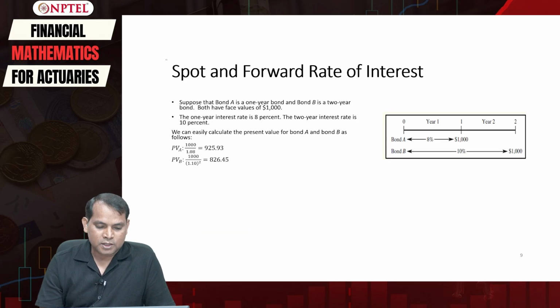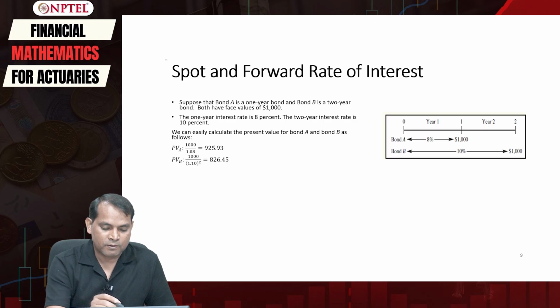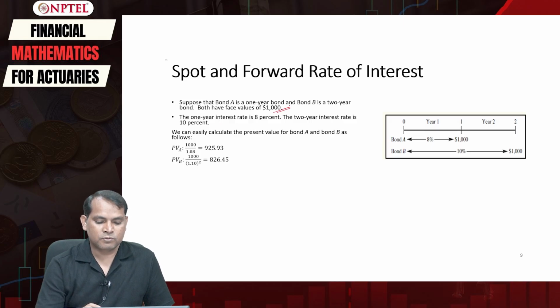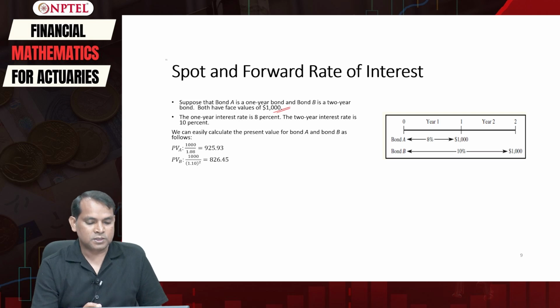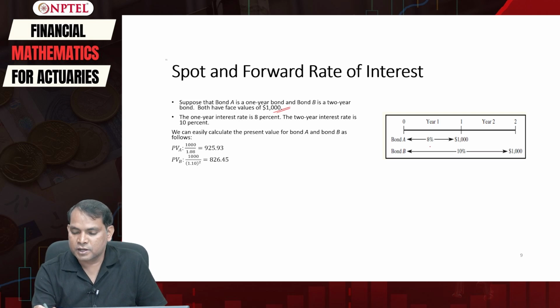So suppose that bond A is a 1 year bond and bond B is a 2 year bond, as we have already seen in the previous slide. We have understood that the face value for both is $1,000, the 1 year interest rate is 8% and the 2 year interest rate is 10%.